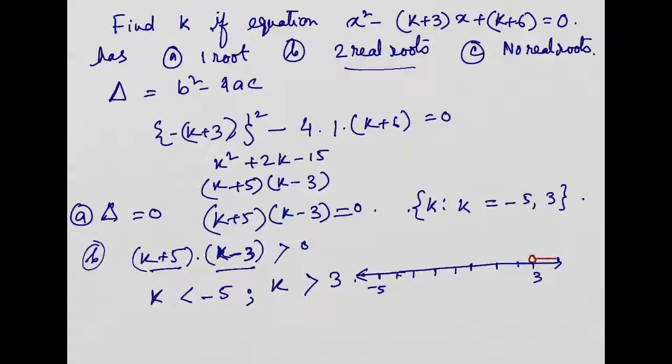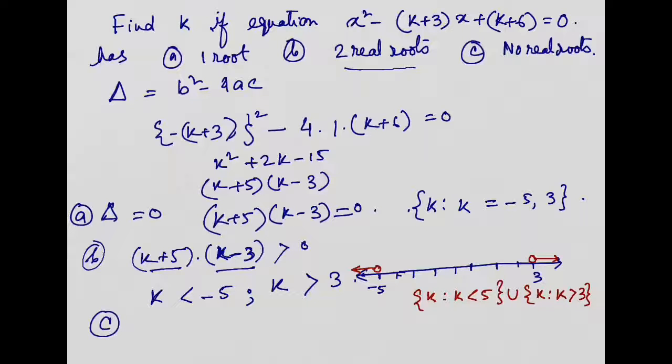So, it is something like that, the value of k, and we can express it as the union of the two sets, k less than minus 5 union k greater than 3. So, this would be my solution for two real roots.